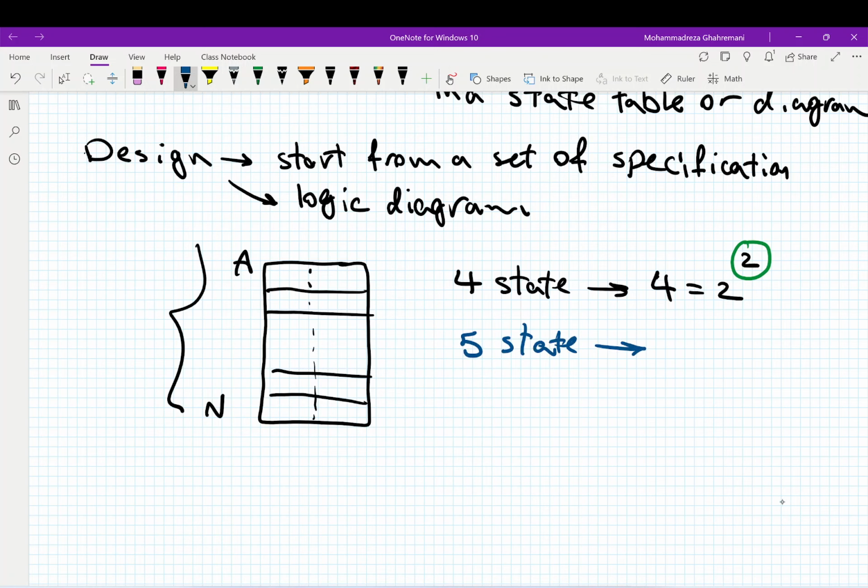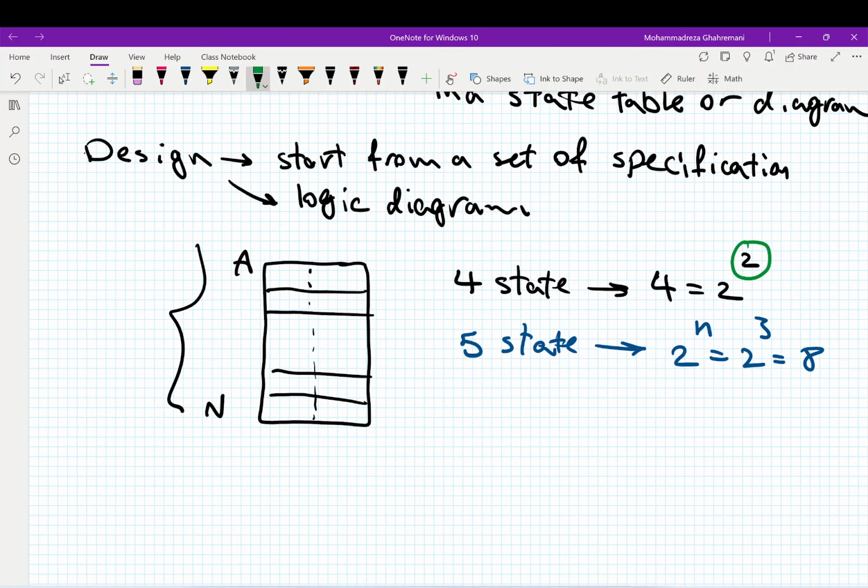If we have 5 states, we should look for the smallest number in the form of 2 to the power of n which is bigger than 5. That is 2 to the power of 3, which is 8.